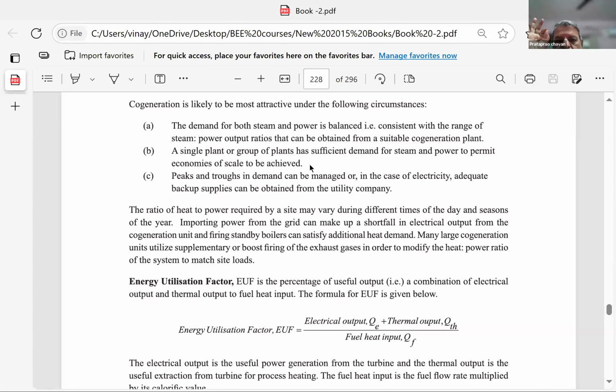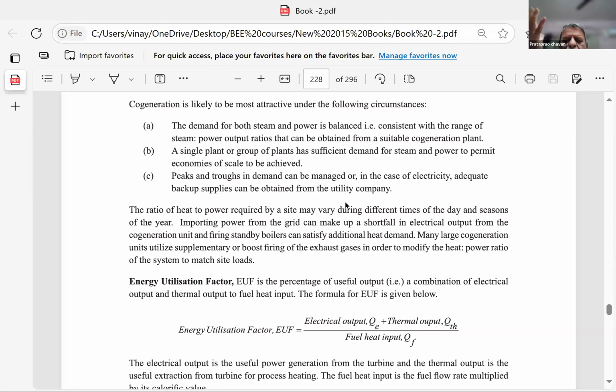An ideal full efficiency can be obtained from such a cogeneration plant. They can have both the electrical advantage as well as the thermal advantage. Peaks and troughs in demand can be managed in case of electricity. Adequate backup supplies can be obtained from the grid, meaning the utility company. So these are the ideal or attractive situations where cogeneration will be most beneficial.